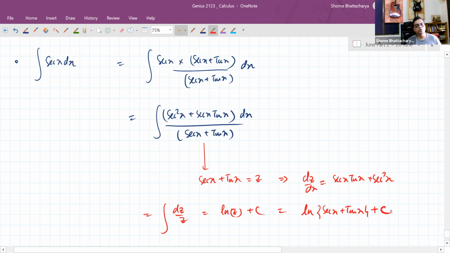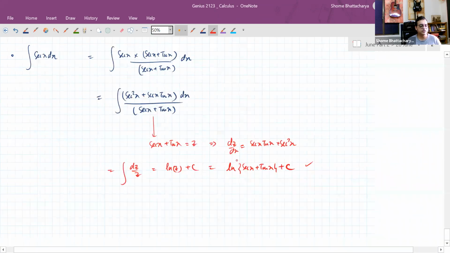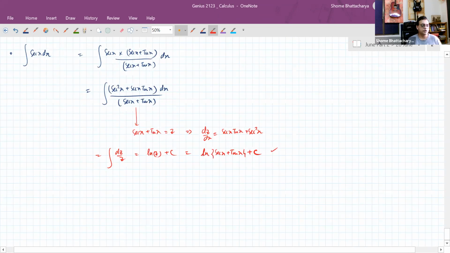So you can say this is one way of proving this. Of course, last time we had seen another way of proving this: just differentiate the final antiderivative and you get sec x. So that itself proves it. Okay. So similarly, show why this is minus ln cosec x plus cot x, because you just multiply and divide this with cosec x plus cot x.